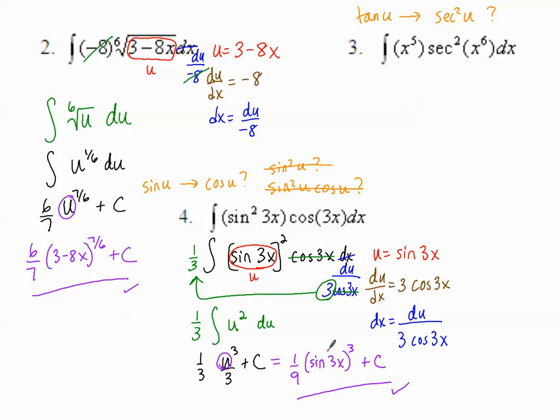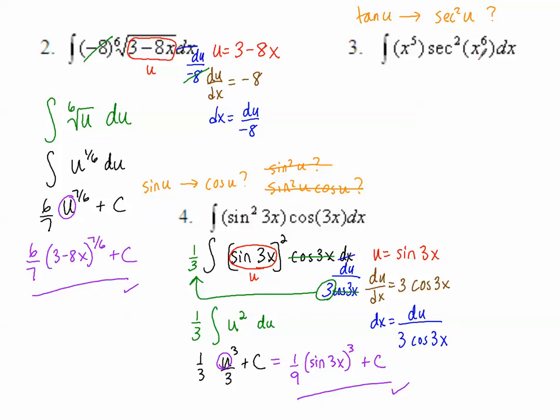Let's go back to number 3 and see how it's a little bit different. So because we have a derivative of tangent to be secant squared of u, that means we don't want to think of this as secant of x to the 6 squared, like how we thought of this as sine of 3x squared. We don't want the squared to not be there because the derivative of tangent is secant squared.